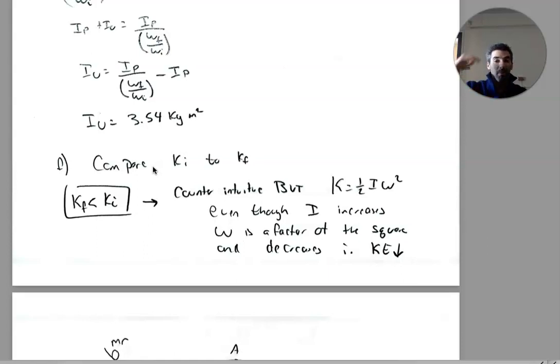Well, even though our moment of inertia is higher, just like if I'm running down the hall and I pick up more mass, I get more mass, but I slow down considerably. In this case, the disk slows down considerably, such that that omega squared is a bigger factor. So the final kinetic energy has to be smaller than the initial kinetic energy because of the comparison of the velocity. The velocity decreases, thus the kinetic energy is going to decrease.